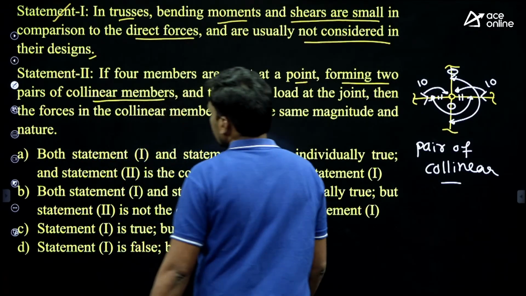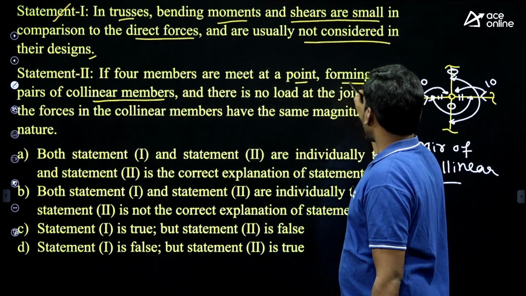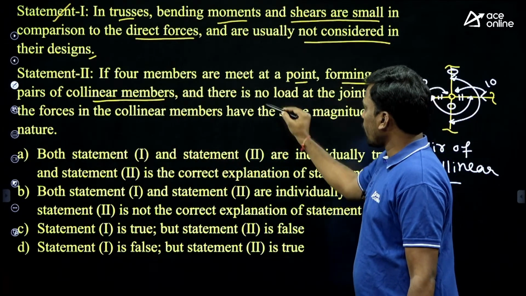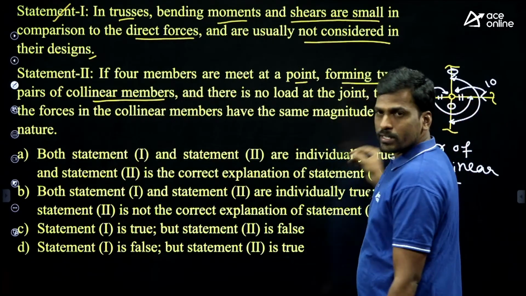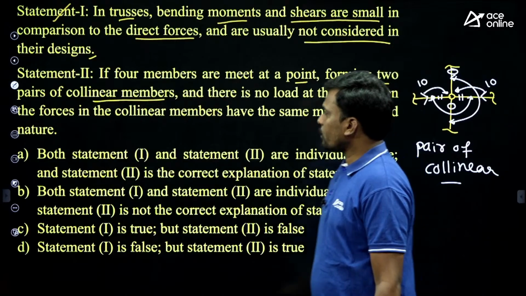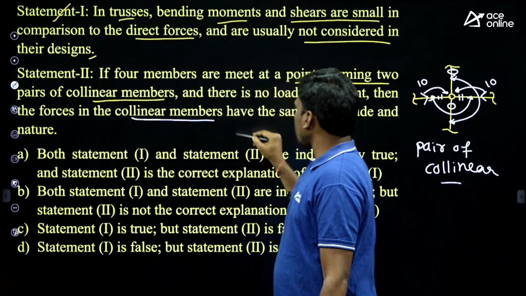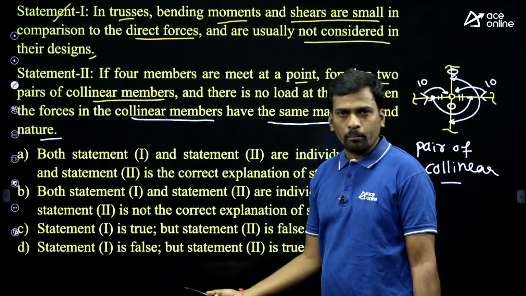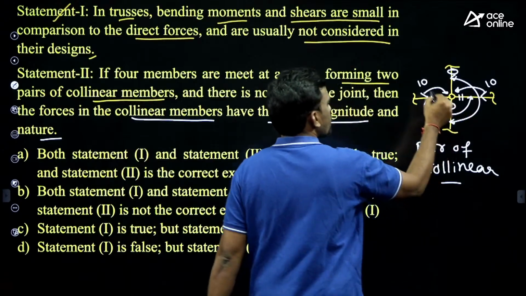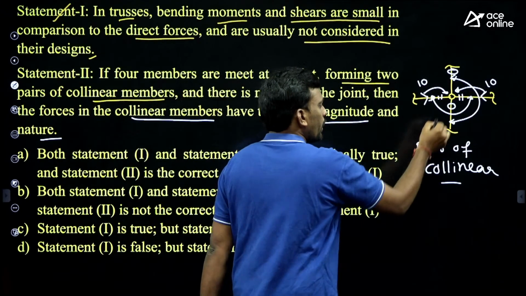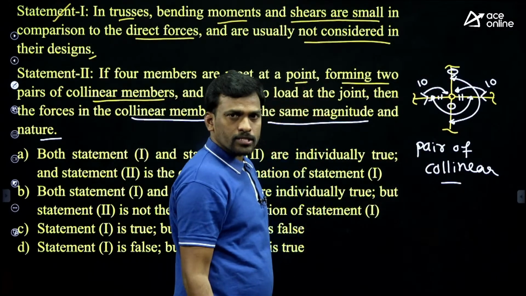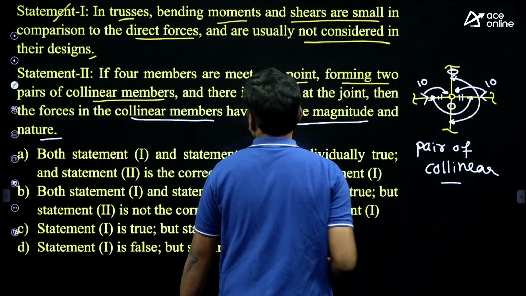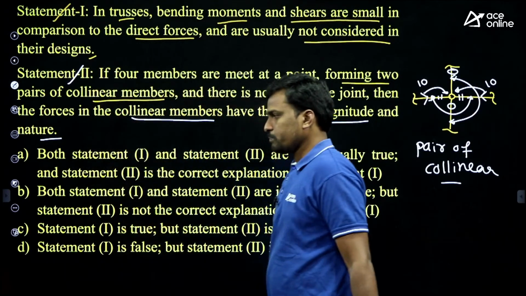So it means here, if 4 members meet at a point forming 2 pairs of collinear members, and there is no external load at this joint, then the forces in collinear members have the same magnitude and same nature. Same magnitude means here 10, here also 10. Here 0, here also 0. Same nature means if it is compression, here also compression. If it is tension, here also tension. Then statement 2 is also correct.